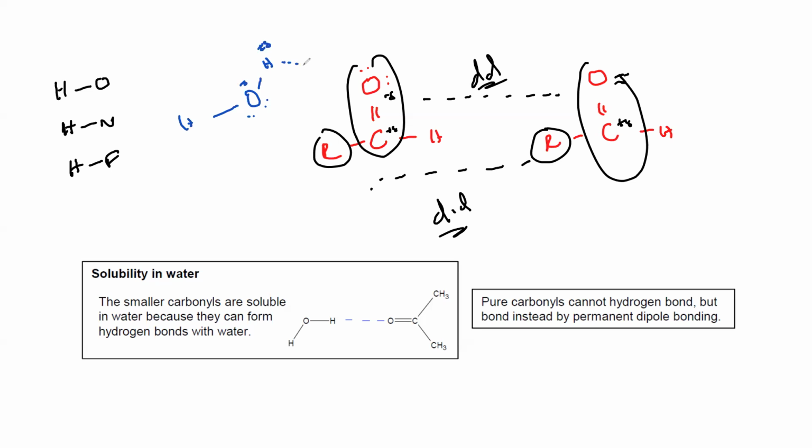There will be attraction between the hydrogen of the water molecule and the lone pair on the oxygen of the aldehyde or ketone molecule. They will have a hydrogen bond. So between two molecules of aldehyde or ketone, there is no hydrogen bond, but between a water molecule and an aldehyde or a ketone, they can form hydrogen bond. That is why aldehydes or ketones which have a lower carbon number can dissolve in water or mix with water.